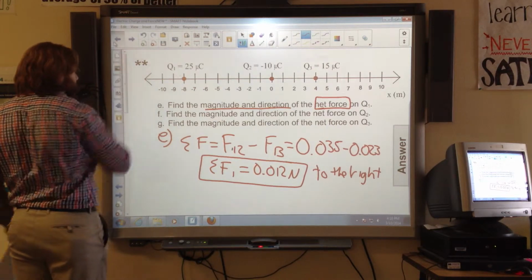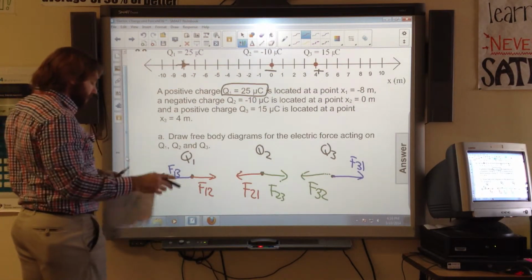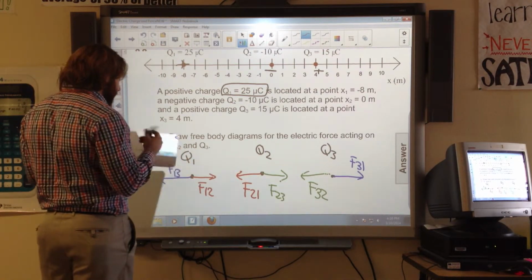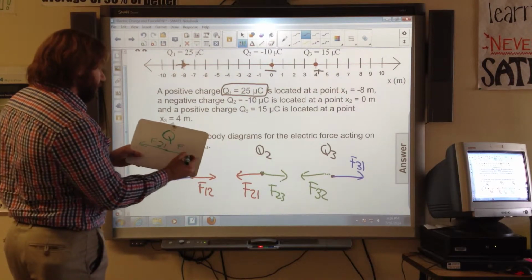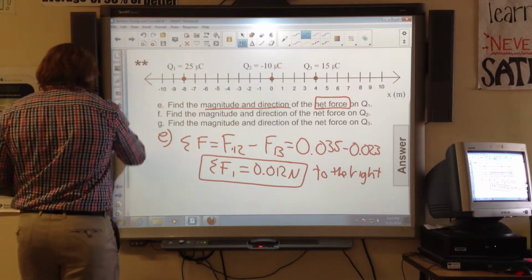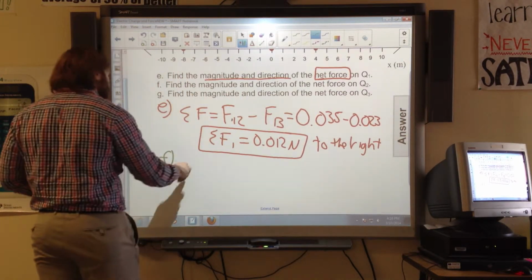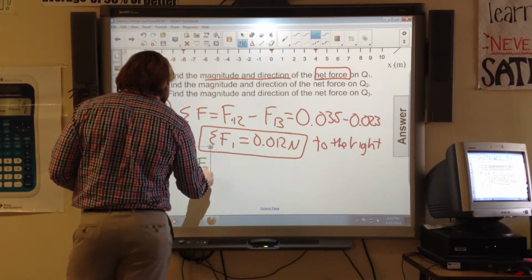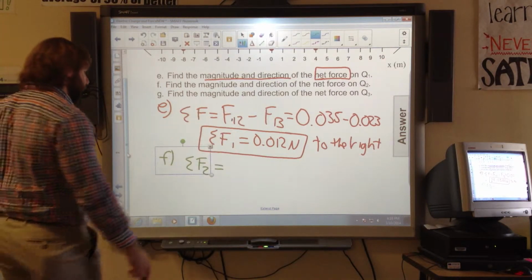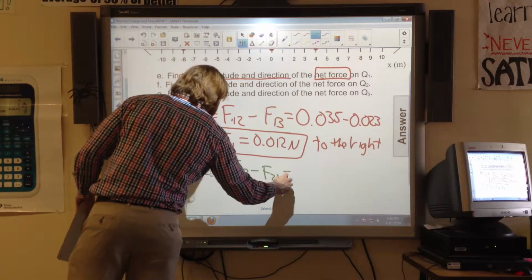Let's go back. For Q2, we need to look at our free body diagram here. That just changes our forces. We have F21 and we have F23. So for part F, the net force on object 2, I look here again, I have F21 is negative, so I do F23 minus F21.